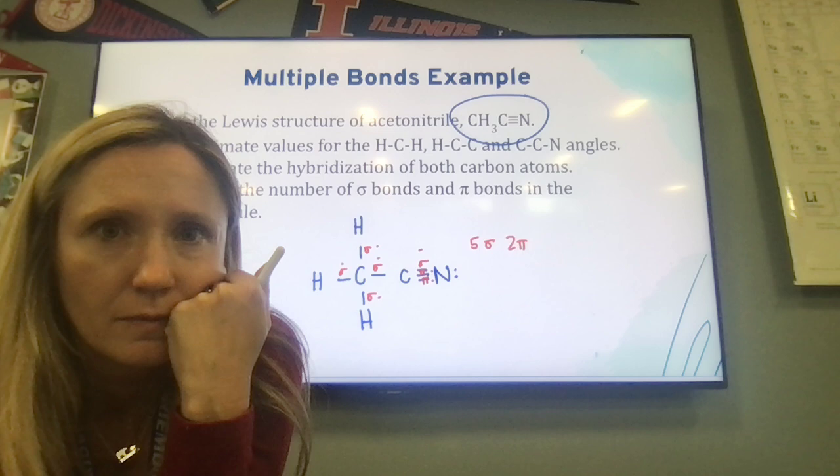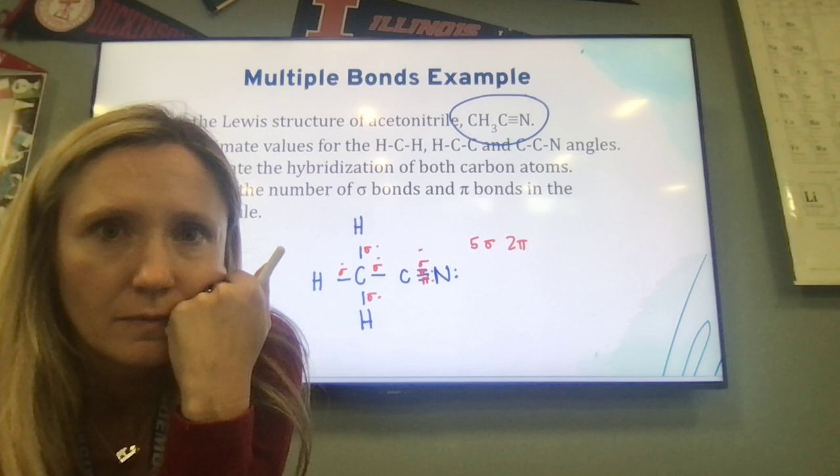It doesn't matter which one you call which. And then if you have a triple bond between things, one's a sigma, and the other two are pi. This is what you have to know. Draw out your picture, and you just have to be able to count. And I think you are able to do that.